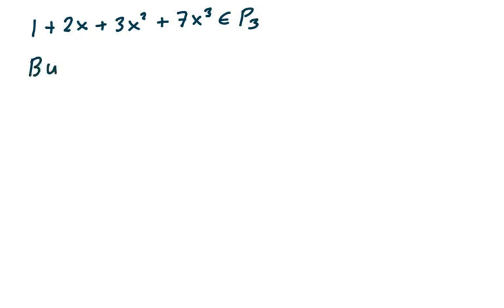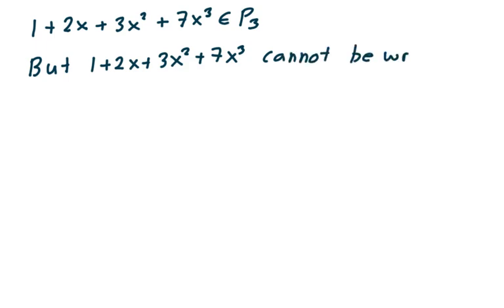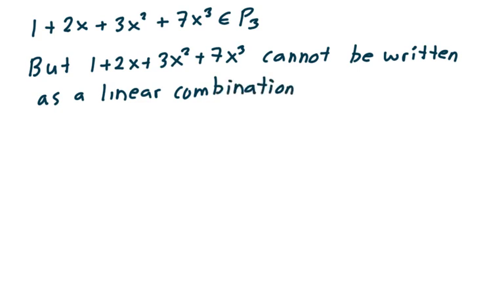But 1 plus 2x plus 3x squared plus 7x cubed cannot be written as a linear combination of these polynomials.